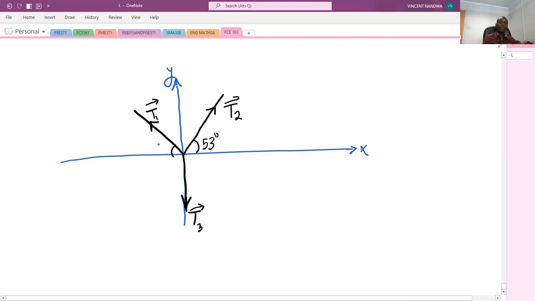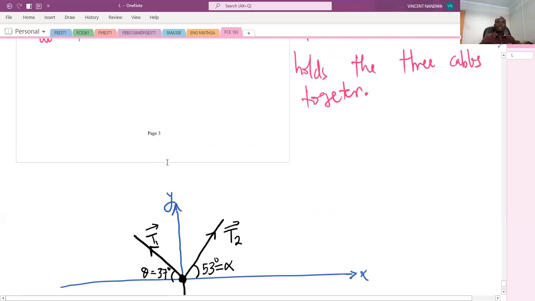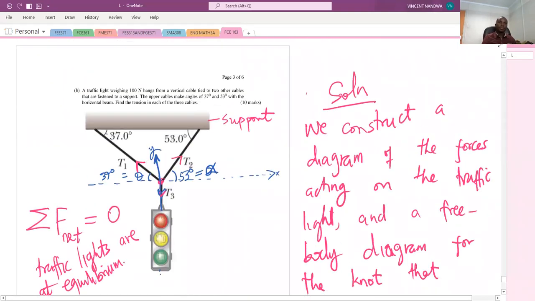This angle here is 37 degrees. Let's call this angle theta, and this angle alpha. So the interest is now to resolve these forces in this diagram. So this is the knot.